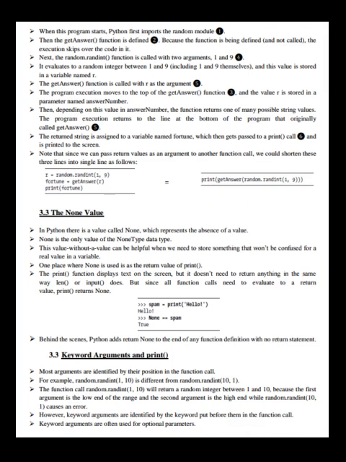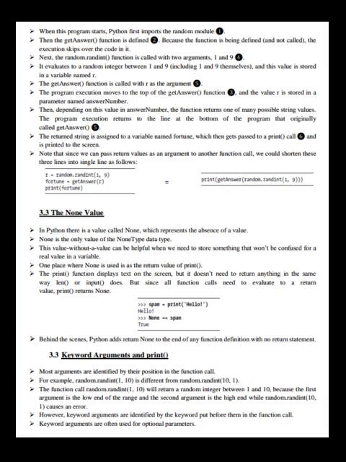The returned string is assigned to a variable named fortune, which then gets passed to a print call and is printed to the screen. Note that since we can pass return values as an argument to another function call, we could shorten these 3 lines into a single line as follows.